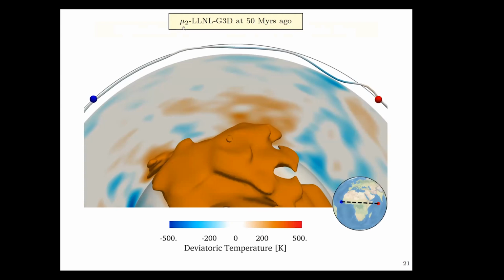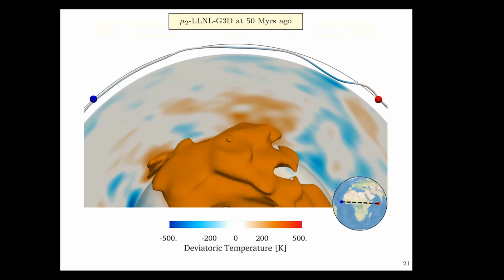So this is the model with the higher viscosity in the lower mantle, and we can look at the evolution of the structure beneath Africa. This is a cross section over Africa from west to east. The blue point here is this blue point here, and the red point is here.